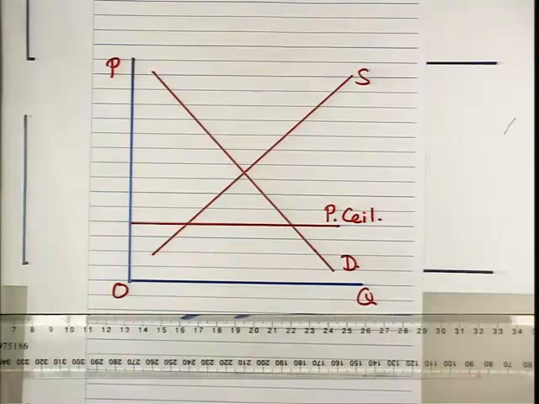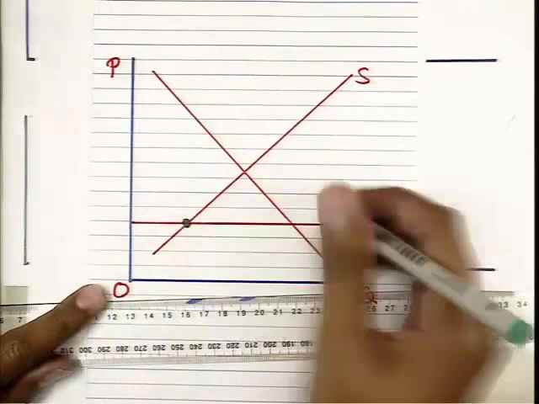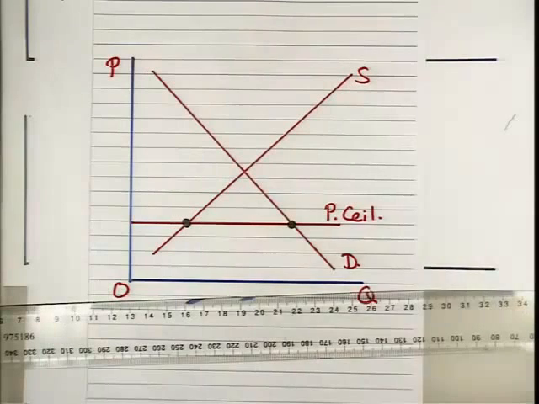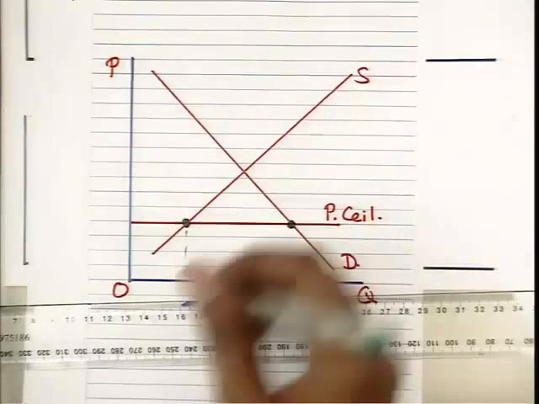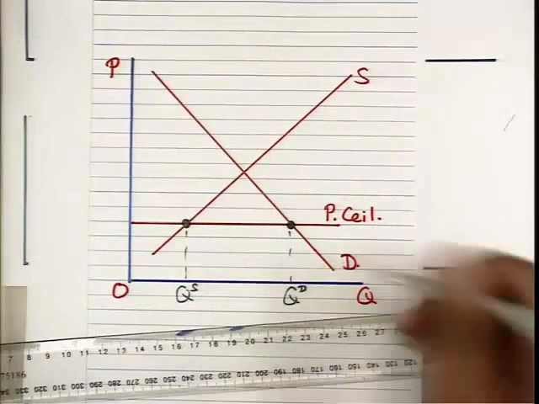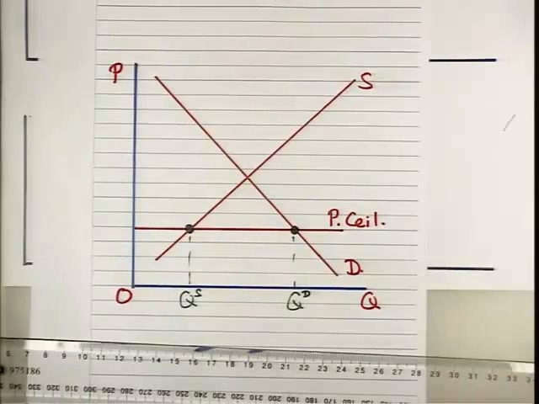What the government ends up doing is trying to enforce a legal maximum price, but the quantity supplied is less than the quantity demanded. Even though consumers want more, producers are not willing to sell more.